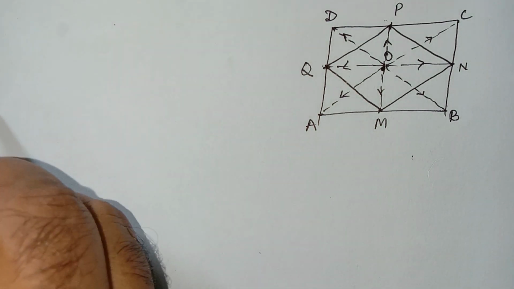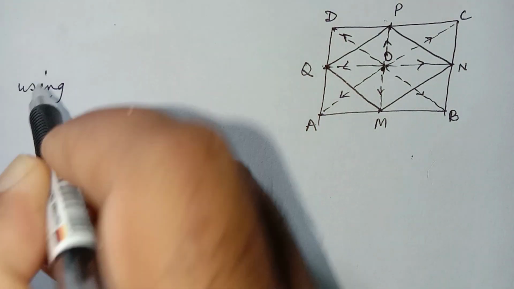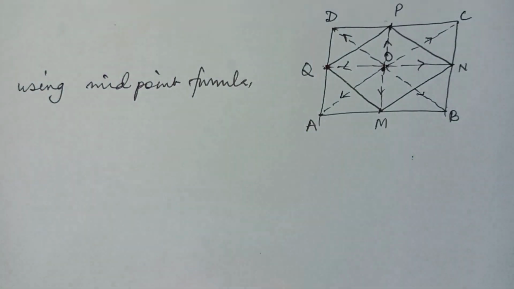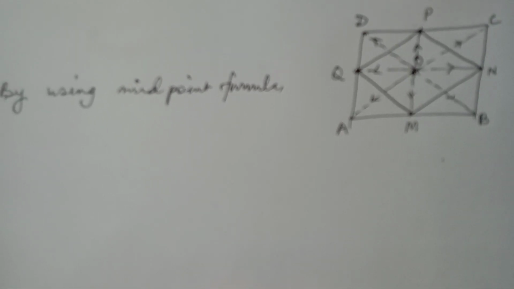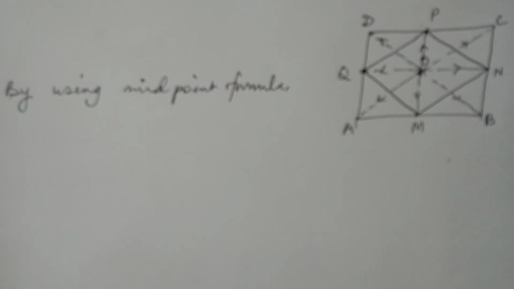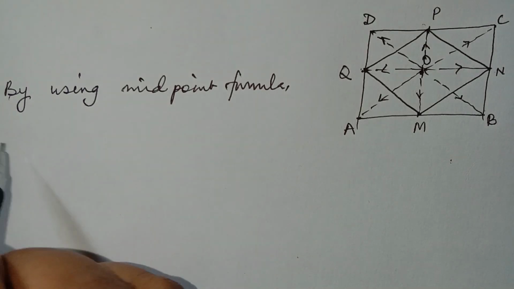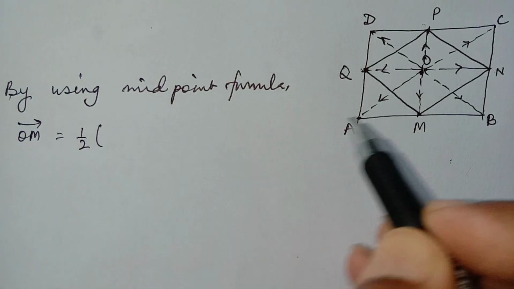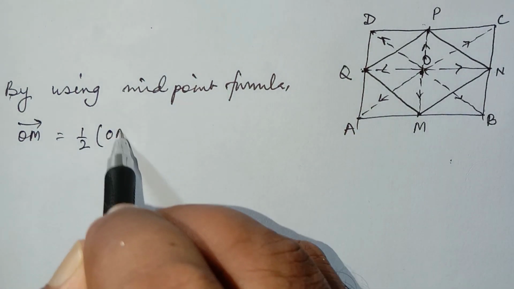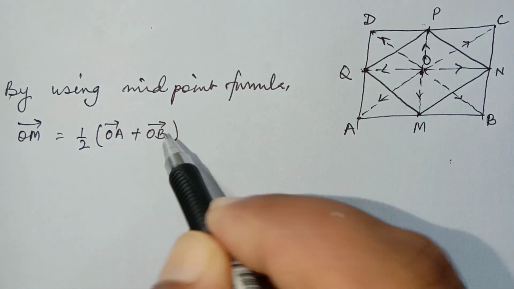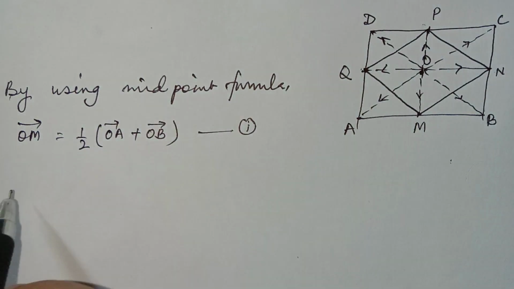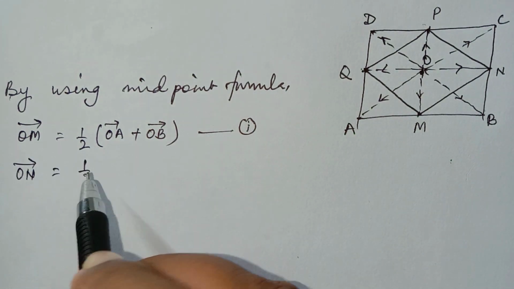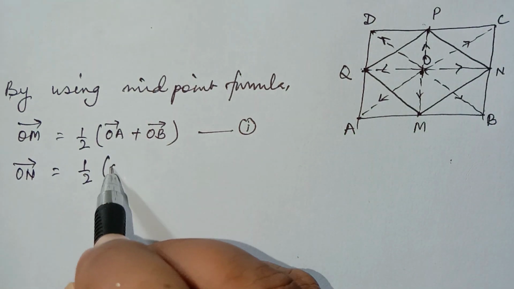So let's say, by using the midpoint formula, we have vector OM equal to half of vector OA plus vector OB. This is number 1. Now we have vector ON equal to half of vector OB plus OC.